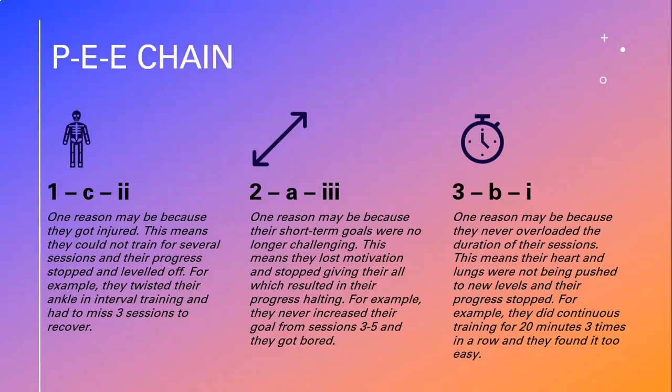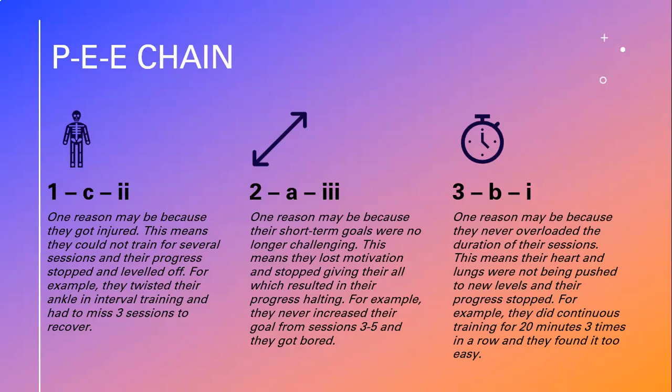Let's now look at the 3 PEE chains. Let's look at 1C2. So if, for example, you have said the following, one reason may be because they got injured. This is you giving a point. You're showing why something happened. This means they could not train for several sessions and their progress stopped and levelled off.